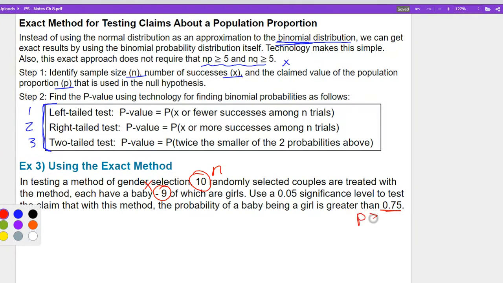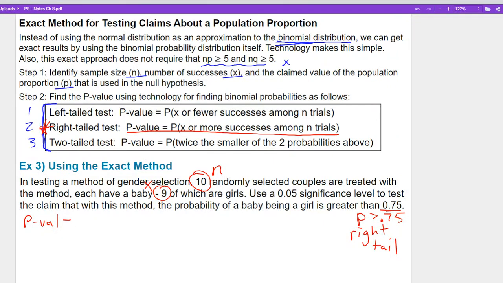We can say p is greater than 0.75. But as soon as we see that greater than, we know this thing is right-tailed. And if it's right-tailed, then we know we're going to use this formula. So start with that. The p-value equals the probability of 9 or more.